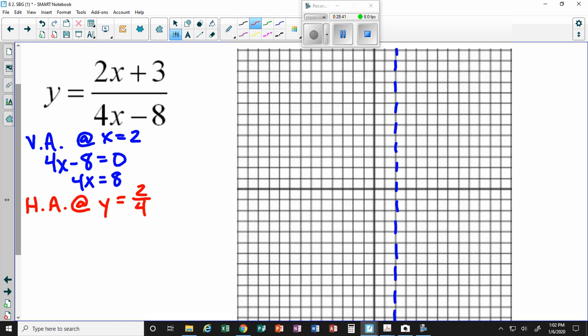Now I'd probably reduce. What's 2 over 4? 1/2. Okay, so draw my horizontal asymptote.